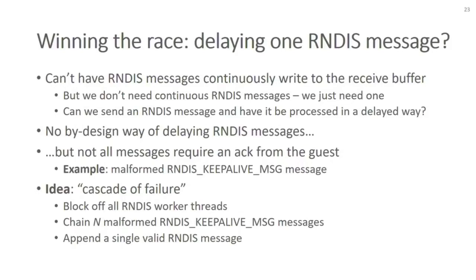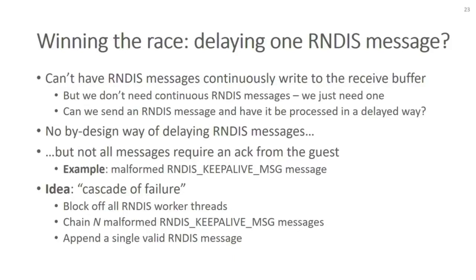There's no by-design way to do that, but maybe if we're able to find a way to place a message in that queue that's going to be handled somehow by VM switch without locking one of those worker threads, then we could queue up a bunch of those messages, and the number of messages that we have queued up before our actual target message will become proportional to the delay that will happen before the actual out of bounds write happens.